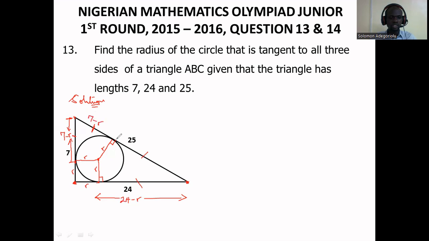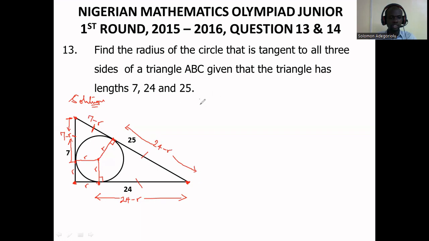And if this side is 24 minus r, then the other is also 24 minus r. And we're given the whole of this length to be 25.